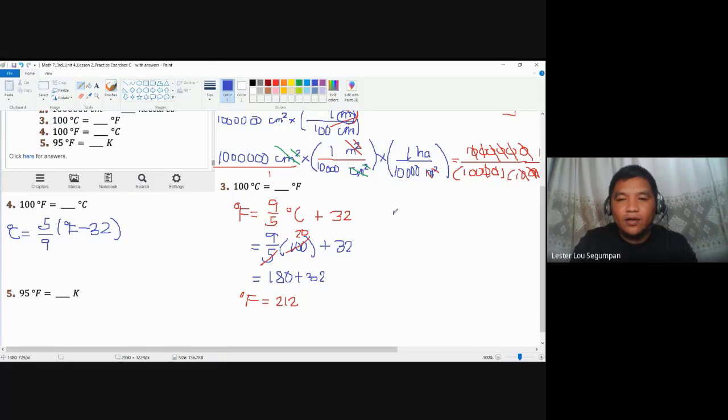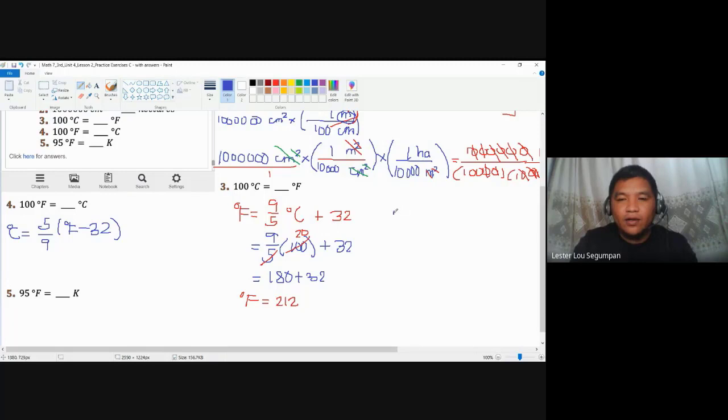And simply try to manipulate that. So 68 divided by 9 times 5. You will get the result of 37.78, rounded off to two decimal places. So you have here 100 degrees Fahrenheit is equivalent to 37.78 degrees Celsius.